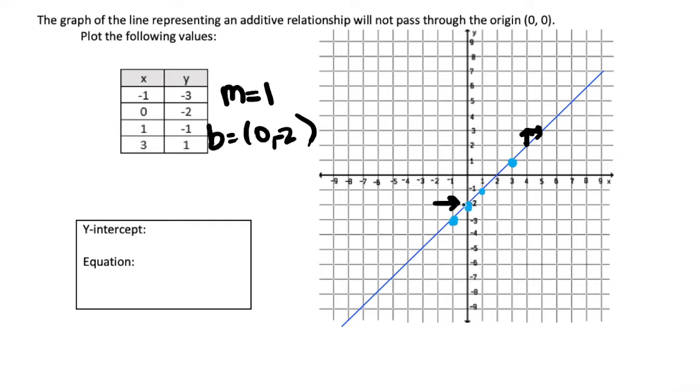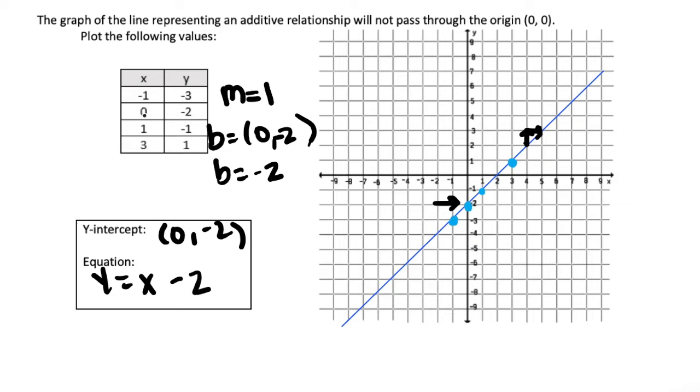So it's where our line and the y-axis meet. So that means the b value that we want is -2. So we want to write down in our answer box that the y-intercept is the point 0, -2. And then our equation is y equals x minus 2.